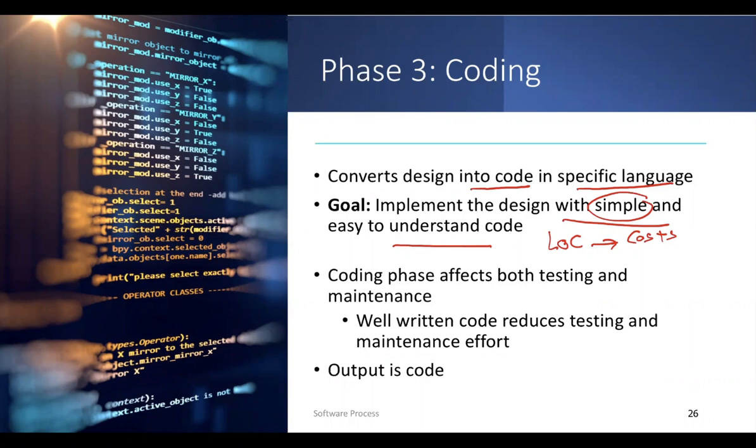In the coding phase, we know that it affects mainly the testing and the maintenance phases as well. Because if you do have well-written code, that means you are reducing testing and maintenance effort. The outcome at the end is just code.